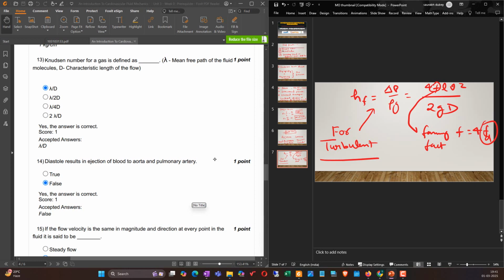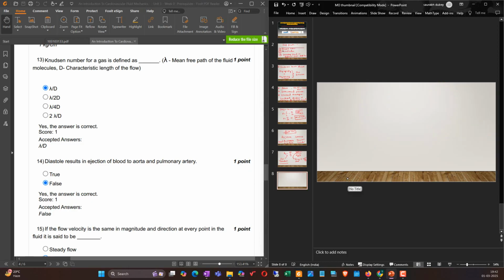Suppose you are solving a problem where you are looking at flow on a plate, right? And if the layer is very thin, then the thickness H is very small compared to the dimension L, which is the domain length.